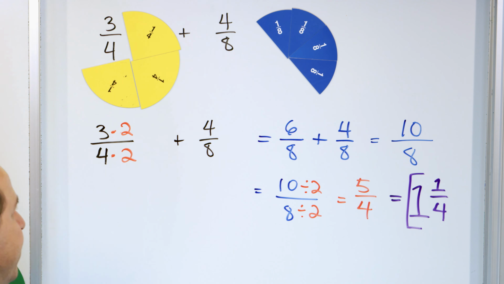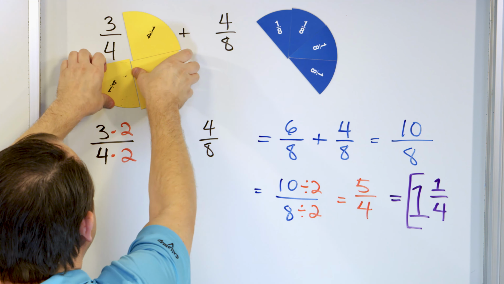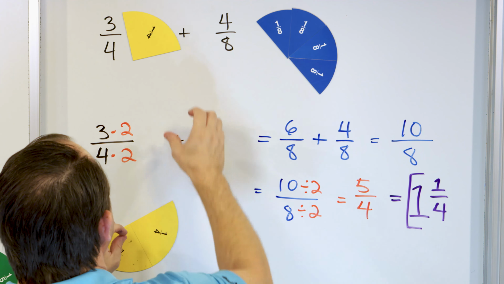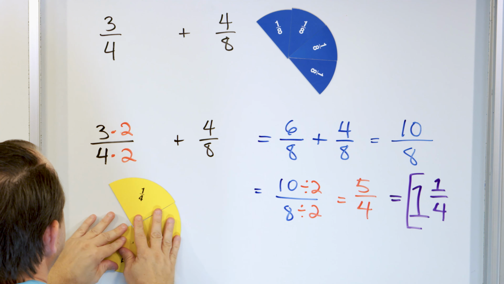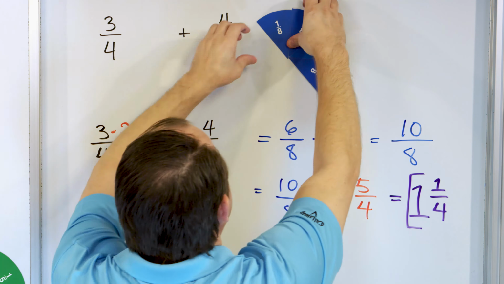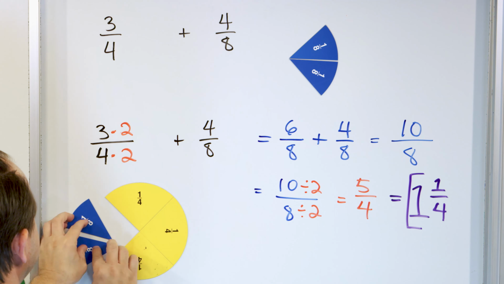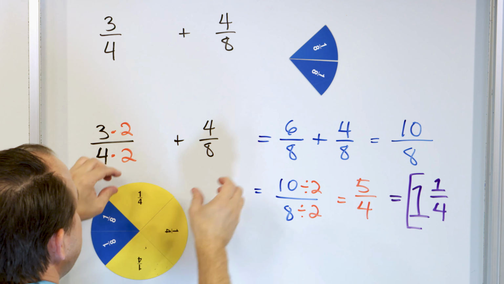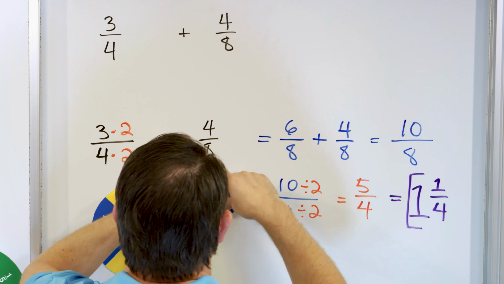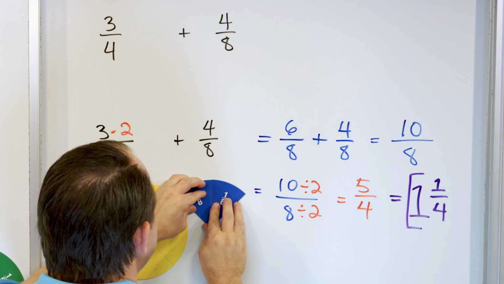So let's see if we can make sense of this. Originally we took 3/4. That's how much we started with. And we added these 4/8 here. Now 2 of them are going to tuck in and make 1 whole. And then these 2 are going to go over here and make what we have left over, right?